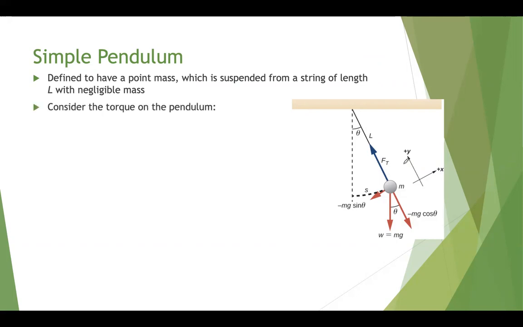To understand what is going on here, we want to consider the torque on the pendulum first. Torque is, in this case, going to equal negative L times mg sine theta. Again, we'll go through the exact derivation in your textbook if you're interested. I just wanted to give you guys a quick rundown of the simple pendulum.